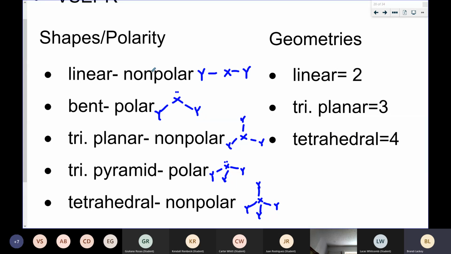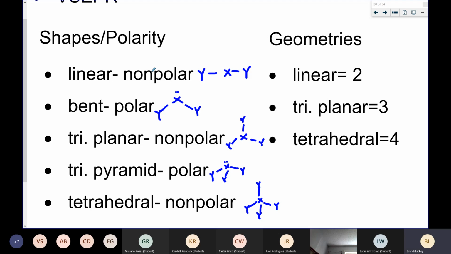So looking at these in terms of polarity. Remember, polarity was related to if there was a difference in electronegativity, but the different shapes can allow those polar bonds to cancel out and be nonpolar. So the shapes that don't have dots on the center are going to tend to be nonpolar as long as all of those outer atoms are the same.